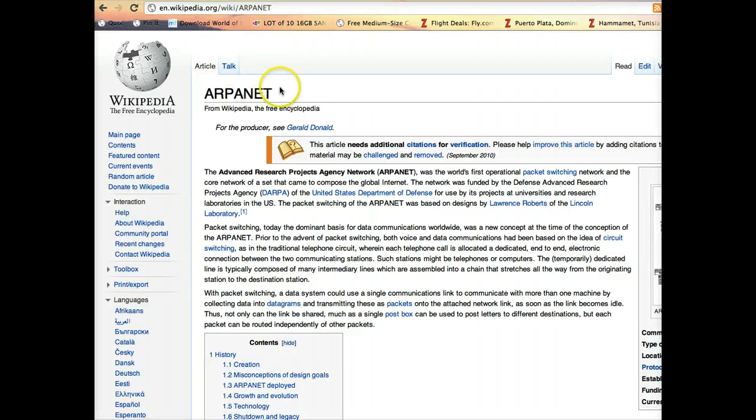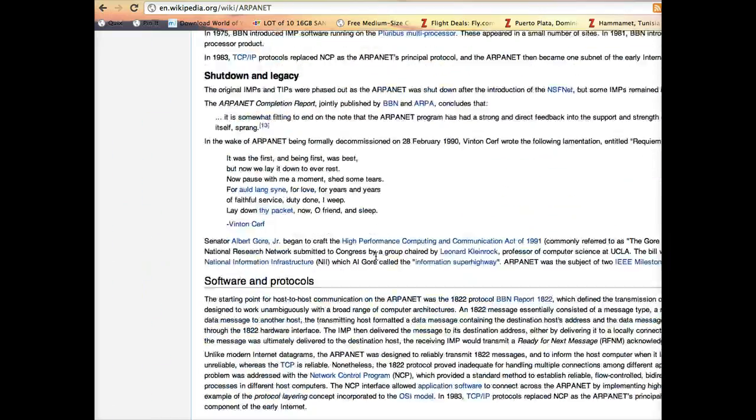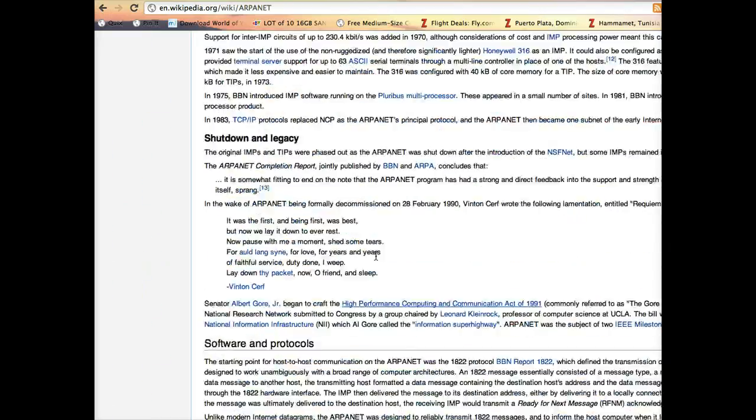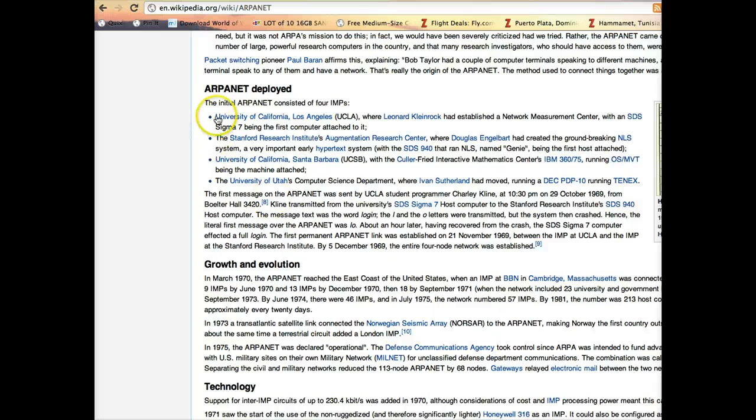That network was called ARPANET. And we can go down here and see the first four computers connected together: the University of California, Los Angeles, Stanford Research Institute, University of California, Santa Barbara, and University of Utah. They all connected together.